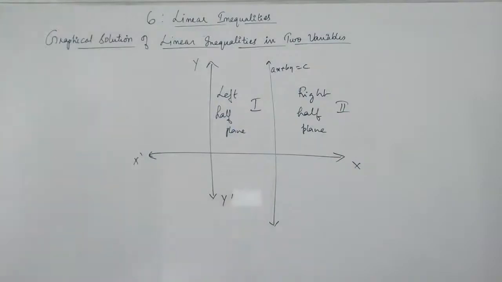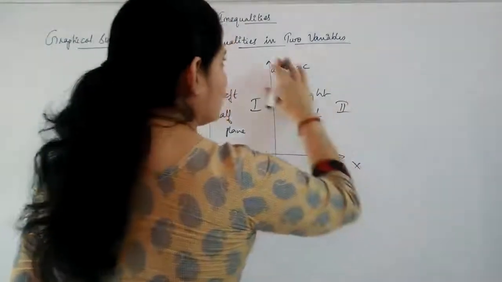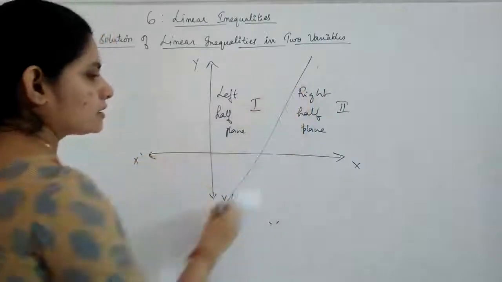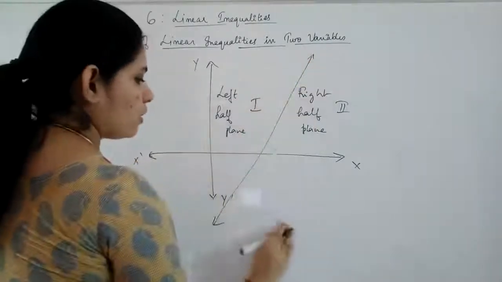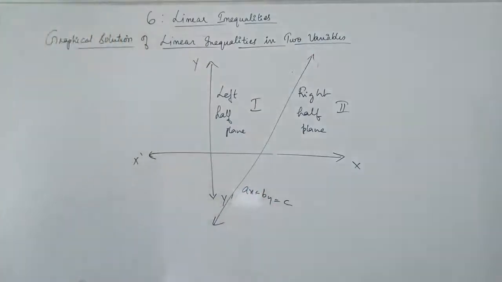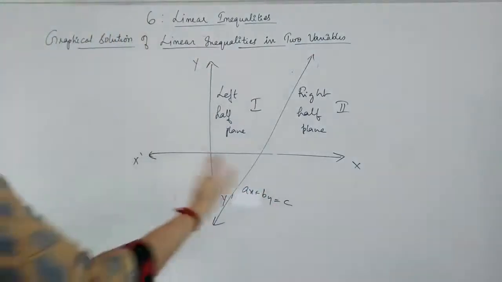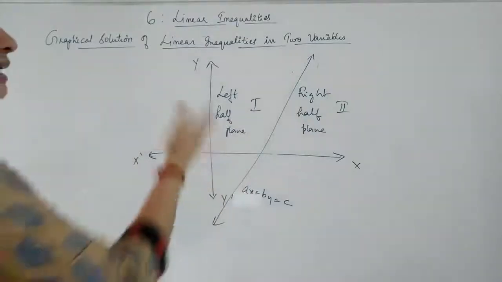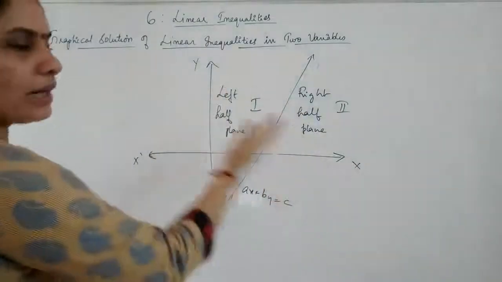Now suppose you have a line which is not vertical, suppose like this. Again let this line be ax plus by equal to c, with different values. If you are getting a line which is not vertical, then also you have two parts.